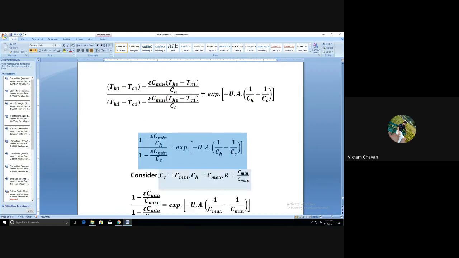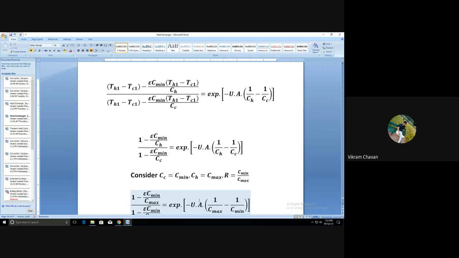So once again we have to consider some of the things. This equation will be solved by considering both the cases. If you consider C suffix C is equal to C minimum and C suffix H as C max, and R is equal to C minimum divided by C max, then you will get the same formulas.